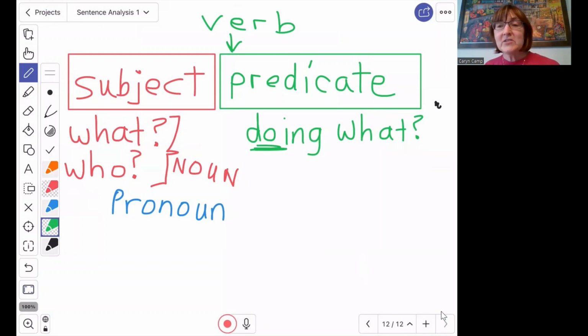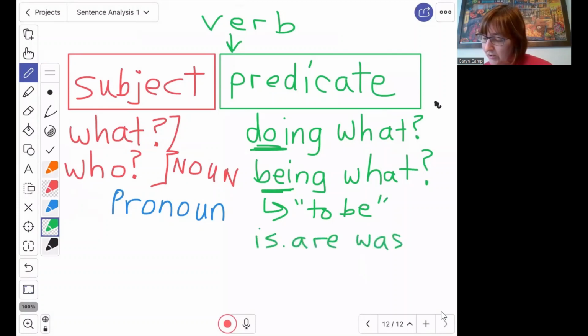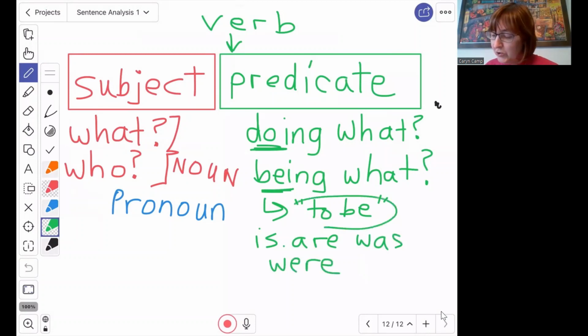But maybe your sentence is just giving us some information and there's no action happening. Then we say the subject is being what? The important part of this question is be. We would use the verb to be, which is is, are, was, were, will be.